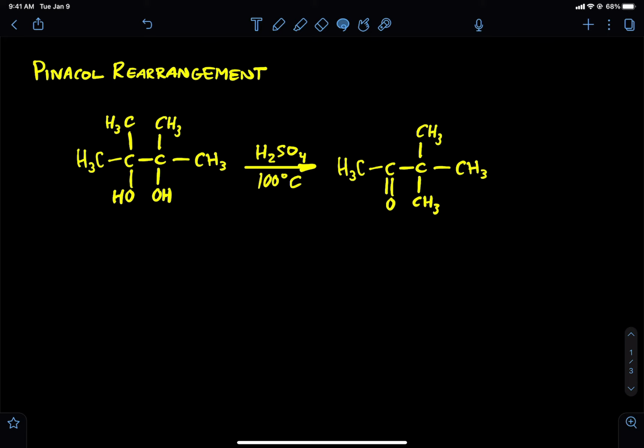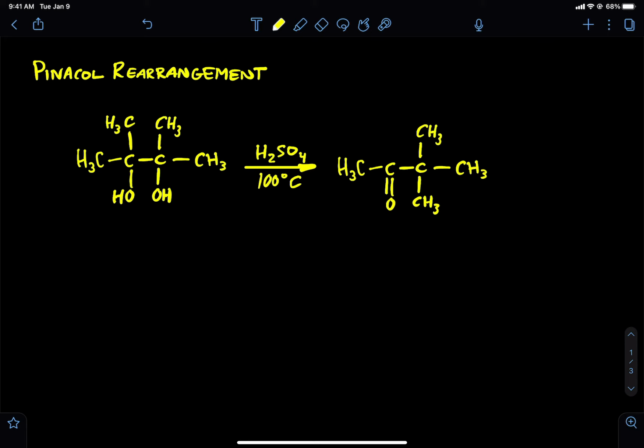So let's take a look at this. Lesson number one from this is look at the reagents. We've got acid and heat. And the first lesson is that under acidic conditions, the most rapid type of reaction or step in a mechanism would be a proton transfer.